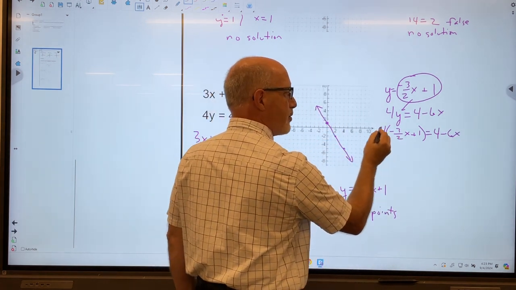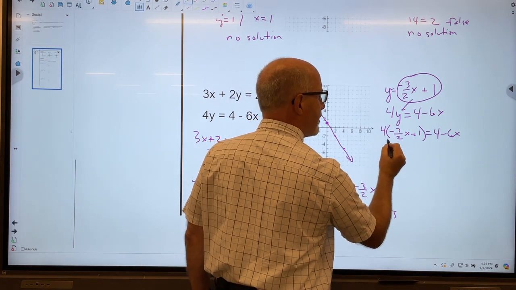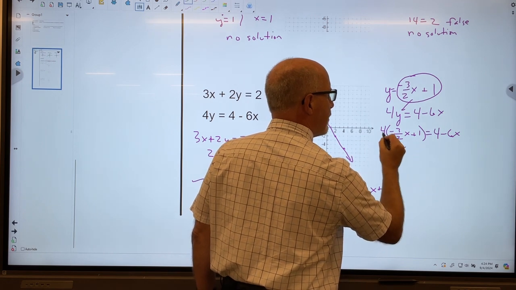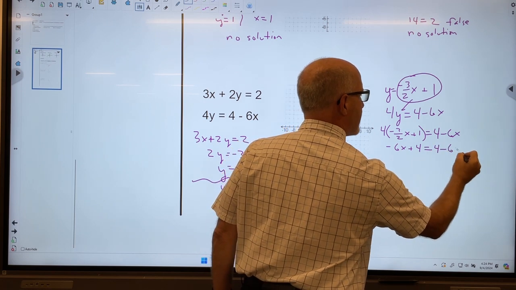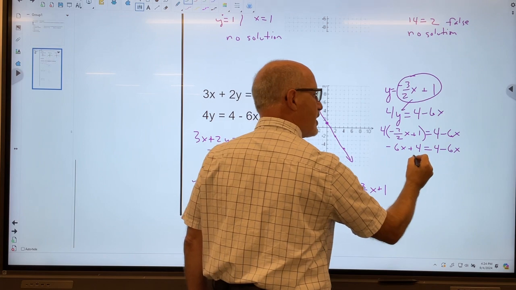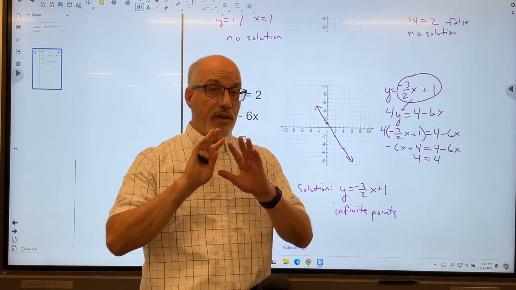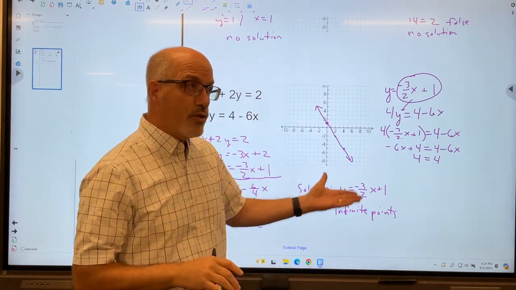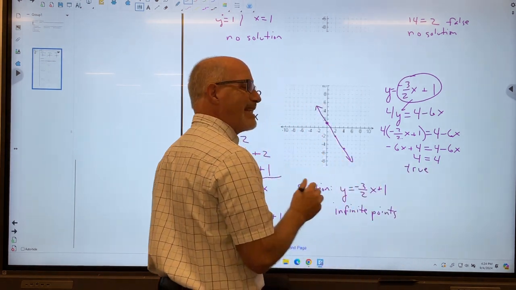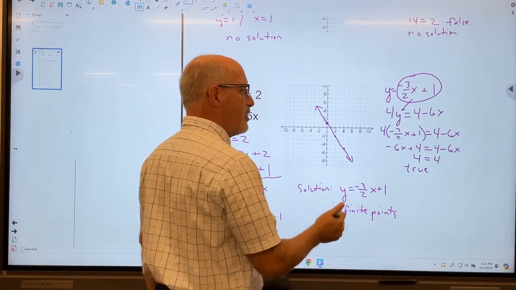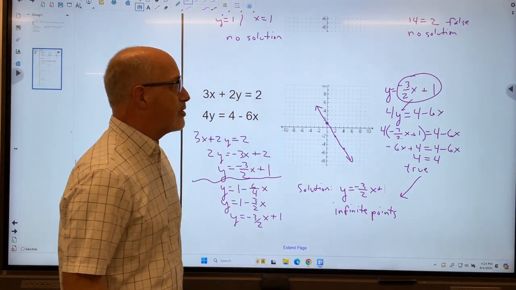Multiply 4 through. 4 times negative 3 halves, the 4 reduces with the 2 and leaves me with negative 6x. 4 times 1 is equal to 4. Equals 4 minus 6x. Add 6x to both sides and you get just 4 equal to 4. Now remember, once you get down to the point where you have no more variables but a true statement, what we get is the entire line is the answer. So we get an infinite number of solutions. That gives me this as my solution for it.